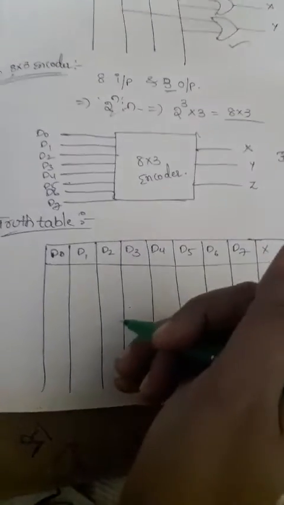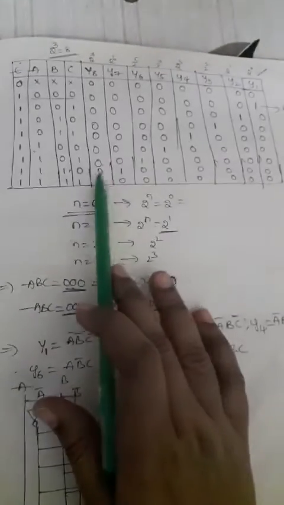So now based on this 3 to 8 decoder, we'll write the 8x3 encoder truth table. Okay, so now you already know the 3 to 8 decoder truth table. So this is the 3 to 8 decoder truth table.